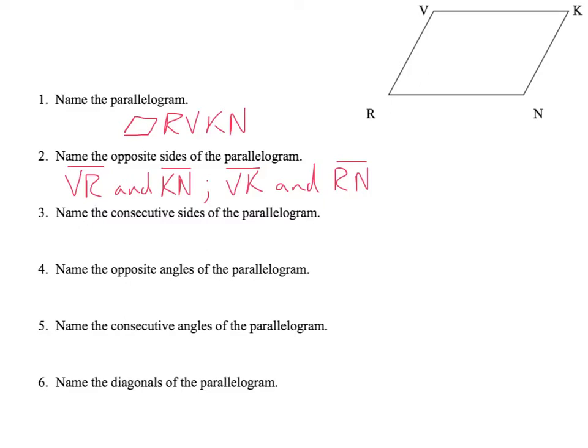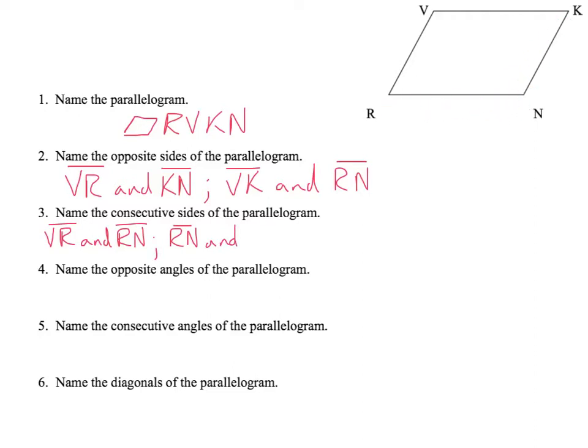Consecutive sides are the sides that come one after the other. So if I said segment VR, a consecutive side that would be connected would be segment RN. So I'm going to write VR and RN. And we'll also do RN, and the next consecutive side with RN would be KN.